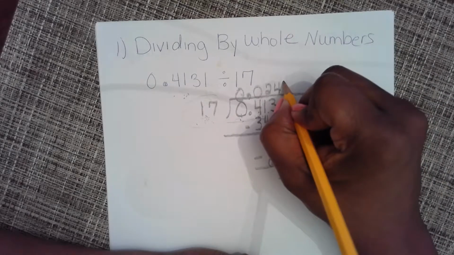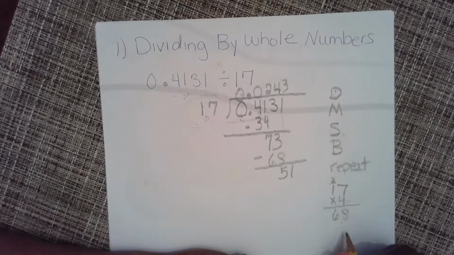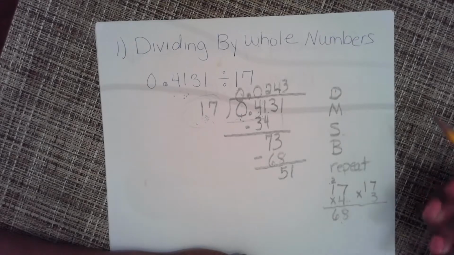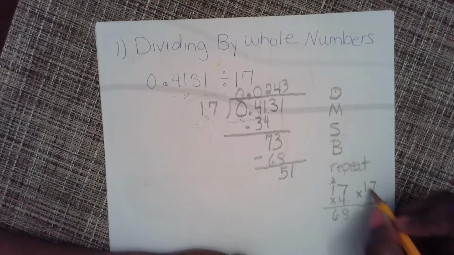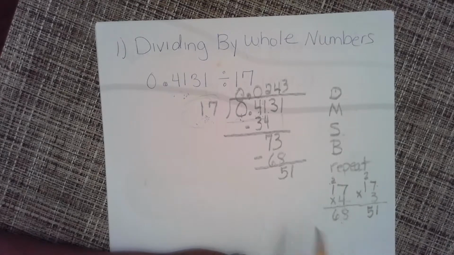So I'm going to put my 3 directly above the number we brought down. Let's use standard algorithm for 17 times 3 to make sure our multiplication step is correct. 3 times 7, 21, carry my 2. That will give me 51 exactly. So yes, 17 can go into 51 3 times.